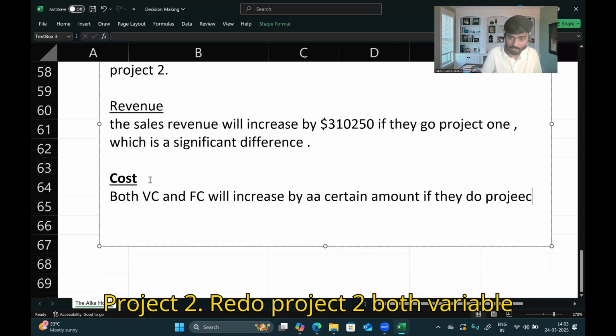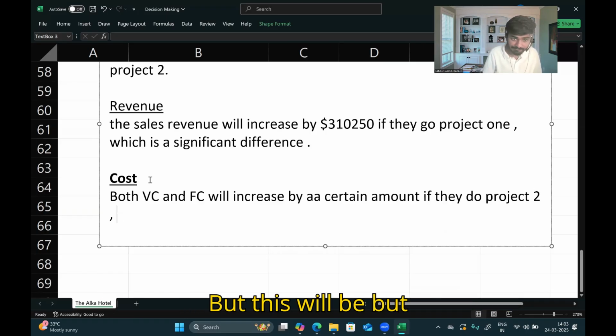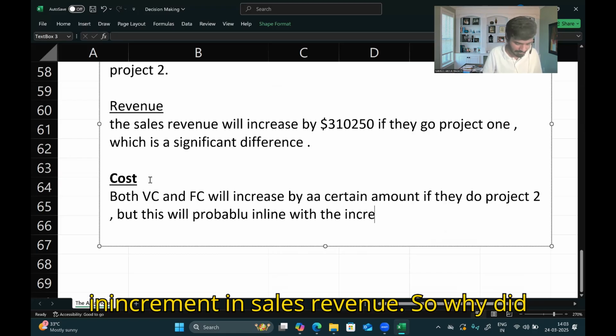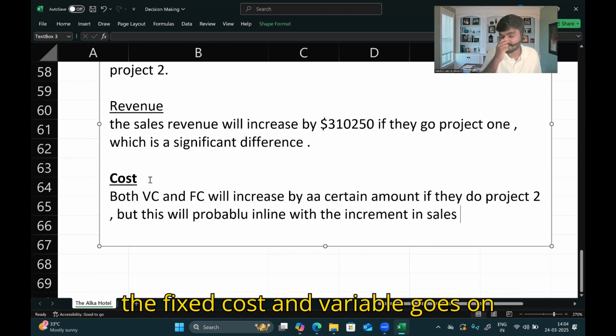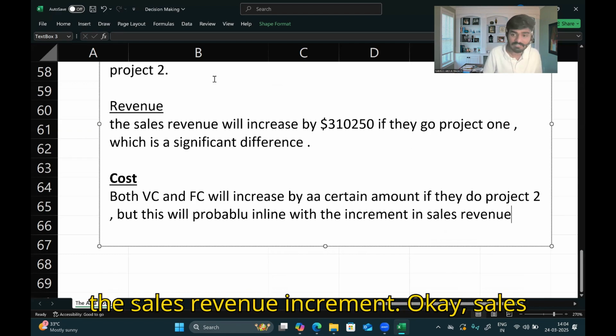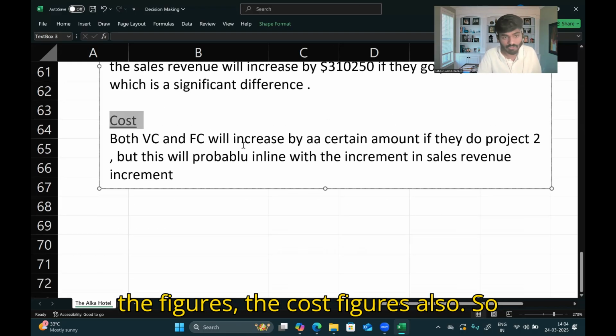But this will probably be in line with the increment in sales revenue. Okay, we wrote about the cost figures also.